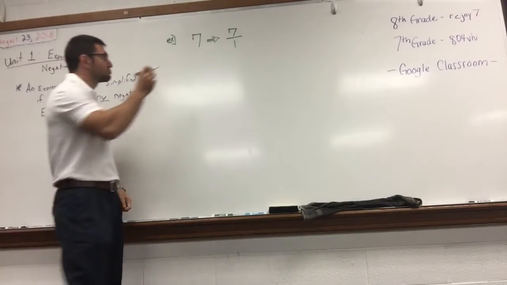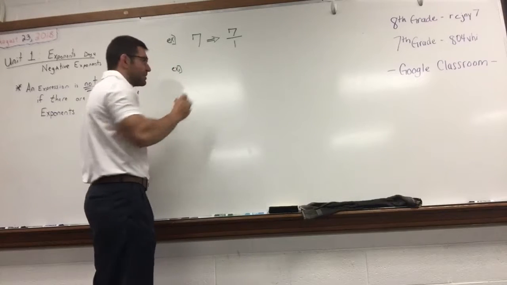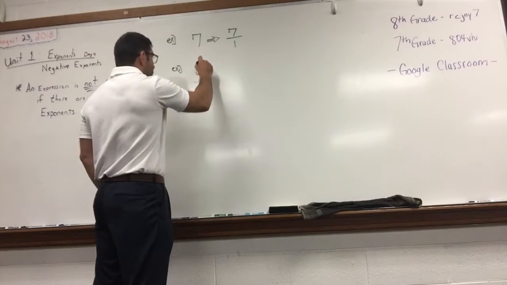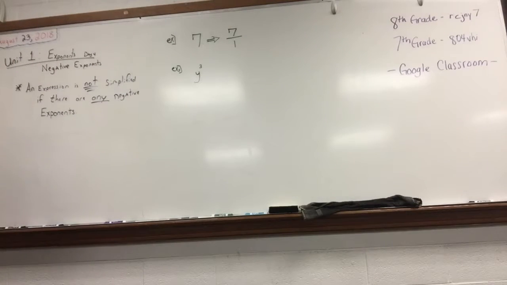What happens, though, if we have this variable? Let's say we've got y cubed. Can we show y to the third power, y cubed, as a fraction? What can we do to this to show it as a fraction?